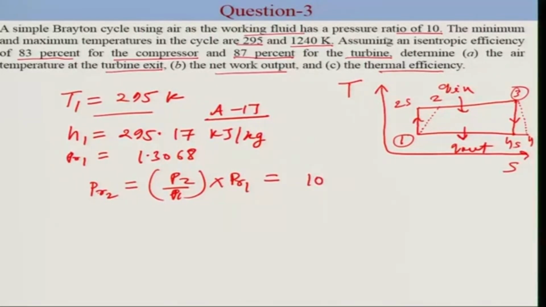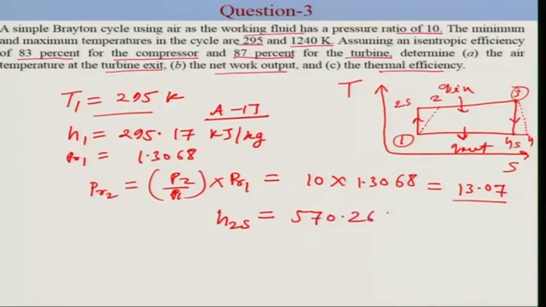Since the compression ratio is 10, so 10 times 1.3068, which gives 13.07. Now, corresponding to this reduced pressure, we can get enthalpy equal to 570.26 kilojoule per kg from the table A17, and T2s as well, which is 564.9 Kelvin.